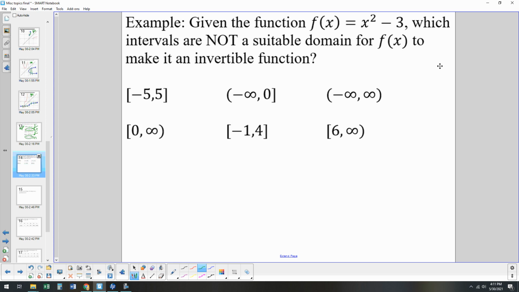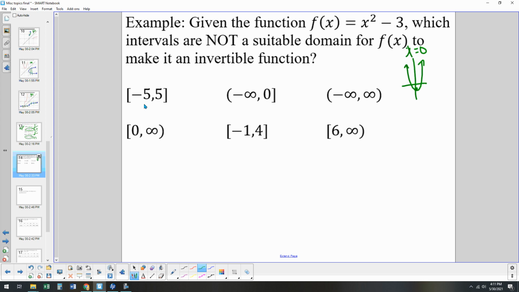So really, because x squared minus 3 is symmetric along the y-axis, or it changes direction at x equals 0, then anything to just one side or the other will work. If I have any combination of points on both sides, then I'm going to end up having the same y values appear, which when I make the inverse, I'll have the same x values appear, and that doesn't work.